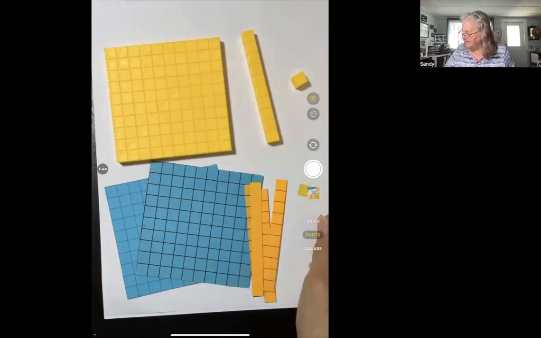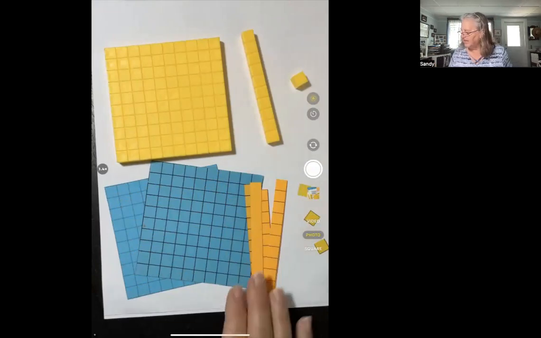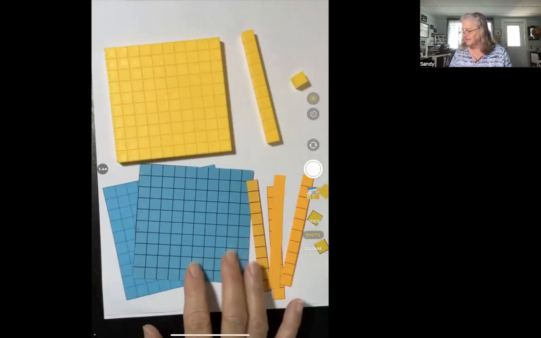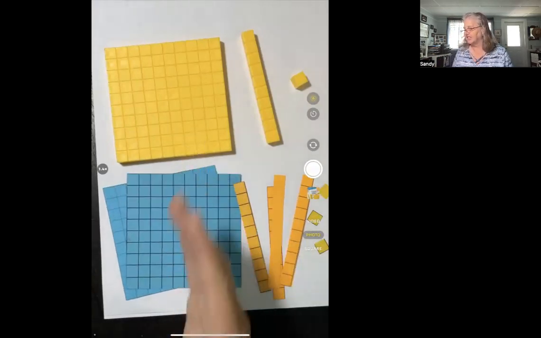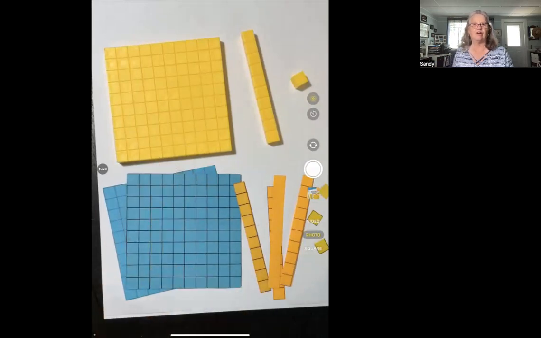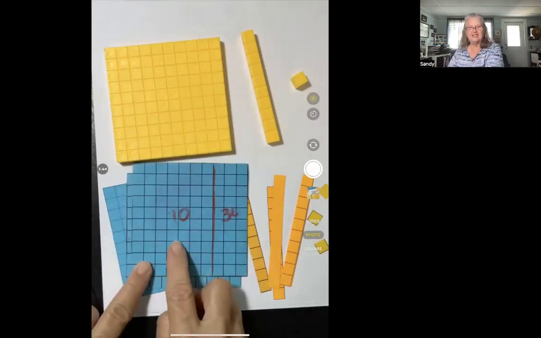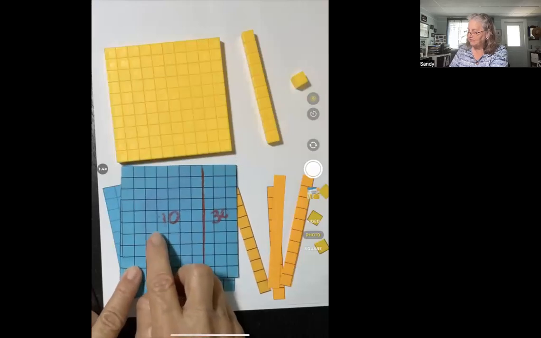So it's the same idea, okay? But one of the things that we want your child to understand is that I can cut this up. I could cut this into 70 and 30, 80 and 20, 60 and 40. And you can see this is faded a little bit, but I use a dry erase marker.